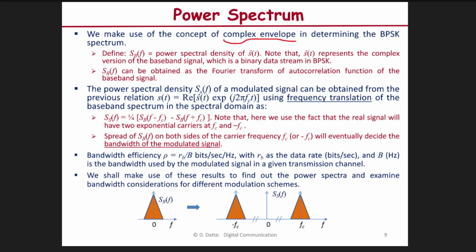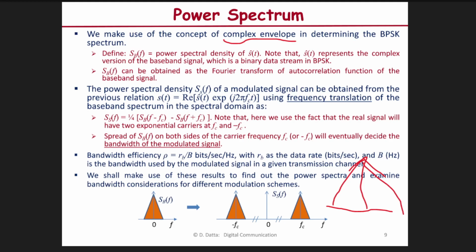It will be just a line on the positive side and on the negative side also. But the moment you modulate, it will spread like this. This spectrum spreads because of this multiplication.